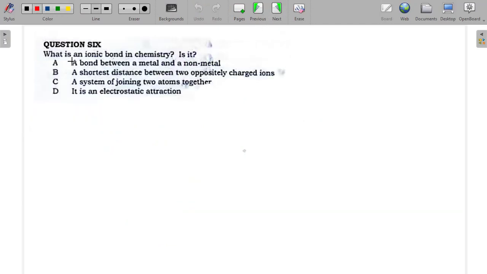Question 6, they're saying, what is an ionic bond in chemistry? Okay, so an ionic bond is not a bond between a metal and a non-metal, no. It's the shortest distance between two positively charged ions.